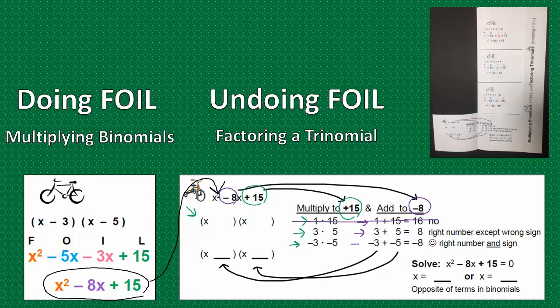When we add negative 3 plus negative 5, we end up at negative 8. That is the right number and the right sign. It is a match. So we have found the two numbers that we need to put into our binomials to complete our factoring.